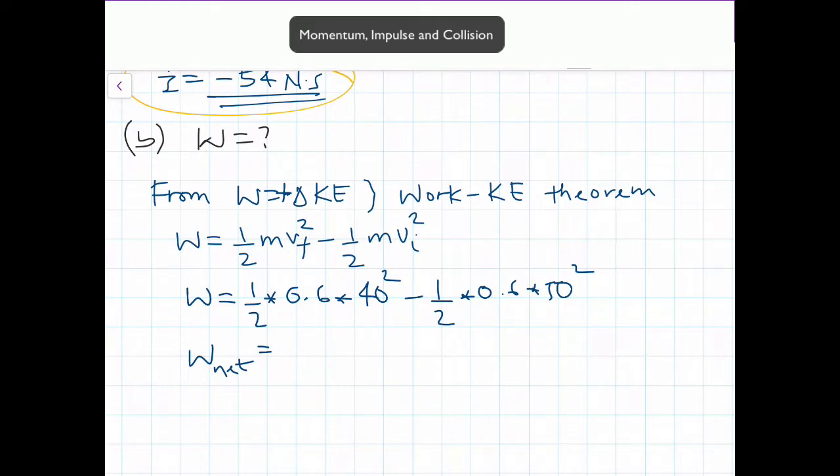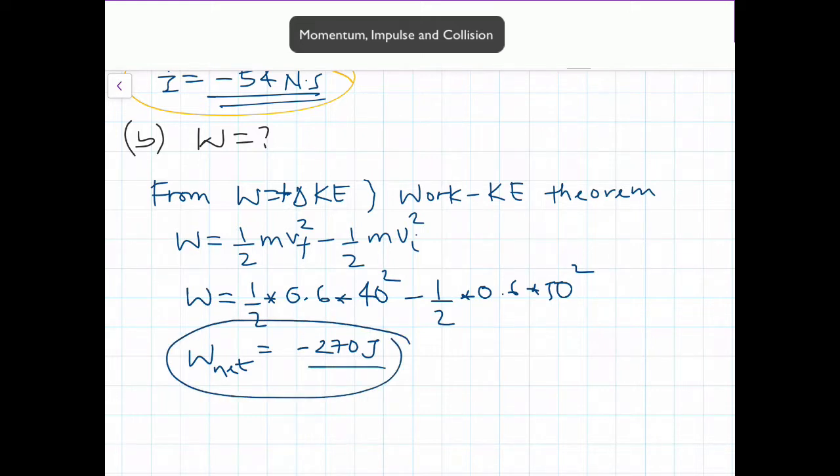I'm using my calculator to multiply that. So it's equivalent to negative 270 joules. This is the change in kinetic energy of the ball. So how much work is done on the ball? Then you can just claim that it's 270 joules of work.